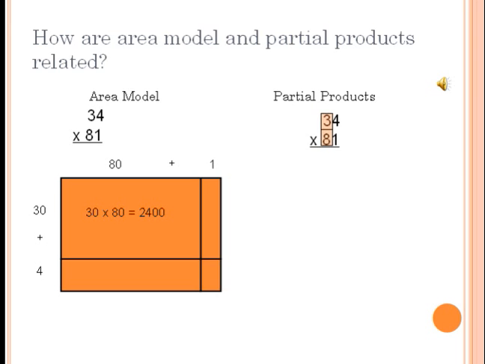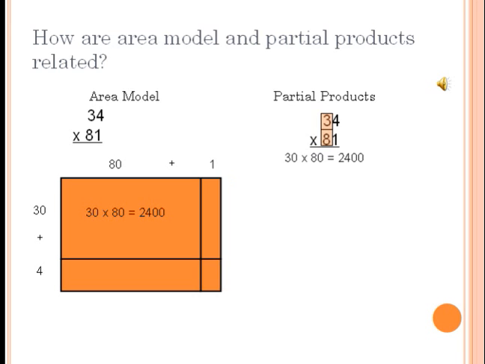If we look over at the partial products, we can see that 30 times 80, that 30 in the 34, and that 80 in the 81, is the same equation we've just solved in our area model. So 30 times 80 is 2,400, and we slide that over there.